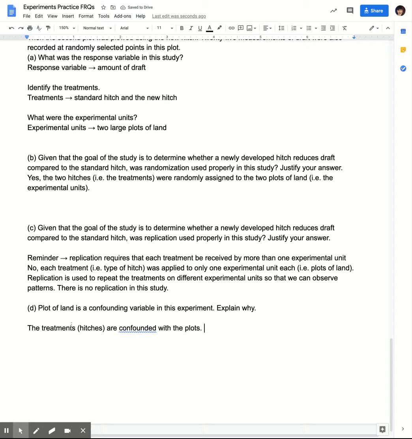And you would want to say something along the lines of, even though there were 25 measurements taken at random in each plot, each treatment, again, that's the hitch, was only used in one plot.